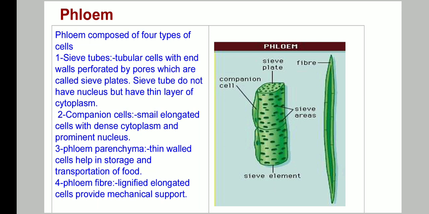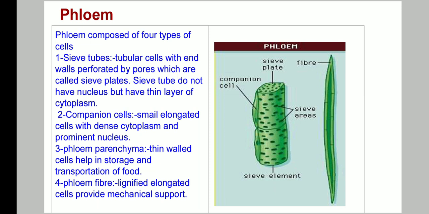Because of this, they have companion cells which help in controlling the functions of the sieve tubes. Companion cells are small elongated cells with dense cytoplasm and a prominent nucleus. You can see the companion cell has a prominent nucleus which helps in the control of both types of cells.